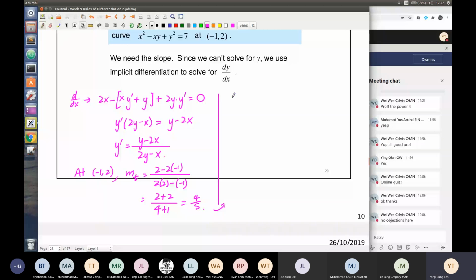Once I have that, I can write down the equation. The equation of the tangent: conveniently, I just use the point slope form. So y minus 2 is equivalent to the gradient multiplied by x minus minus 1. Point slope form. Certainly I can rewrite this as y equals 4 over 3 x plus 2.